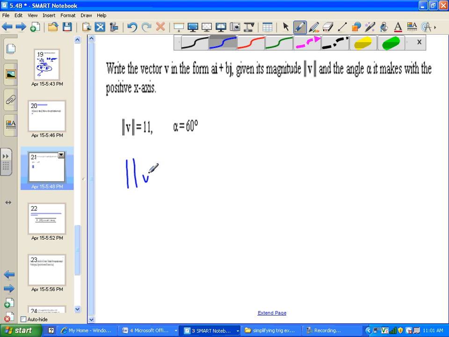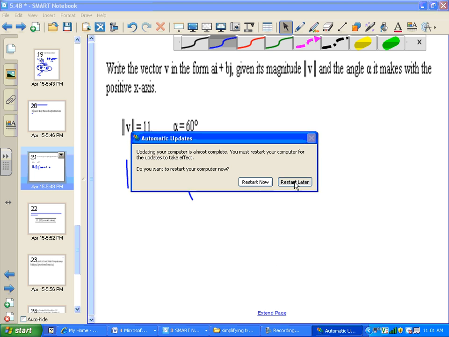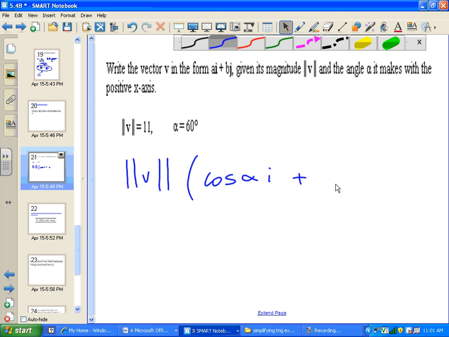The magnitude of v times, look what, the cosine of alpha i plus the sine of alpha j. Now, let's talk about how that relates to what we said in other trig stuff.